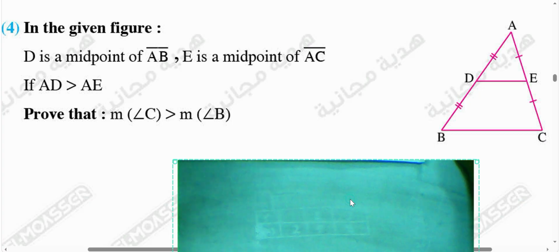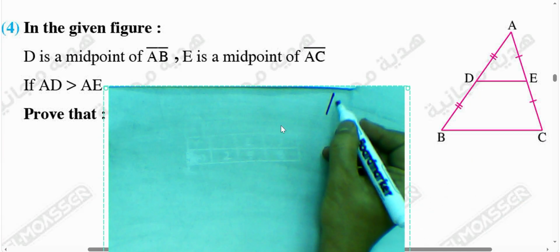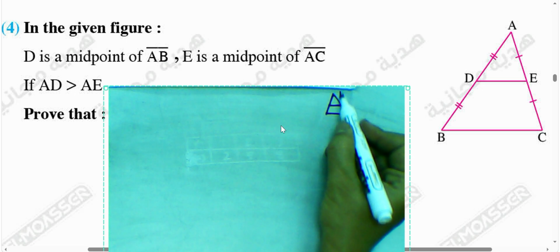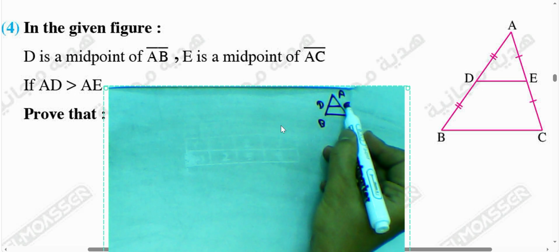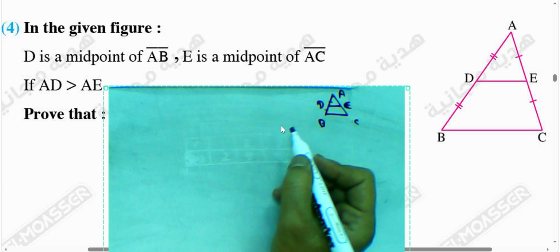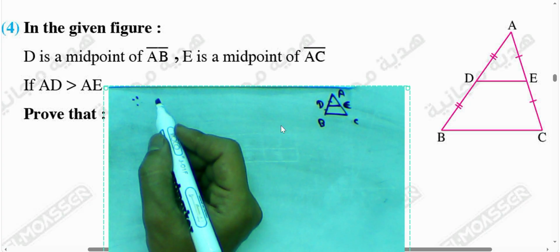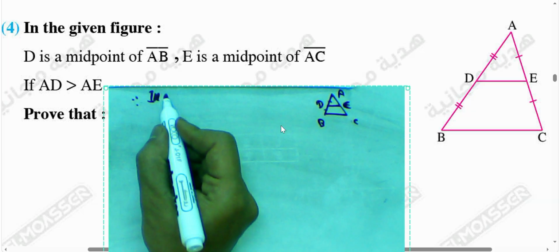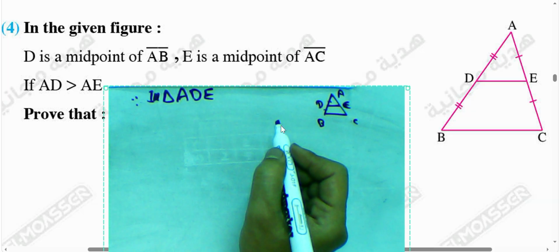Okay, listen to me about the steps. First step, we have a triangle here like this, angle A, C, and here B and D and E, the midpoints. Such that, in triangle ADE, we have different sides.